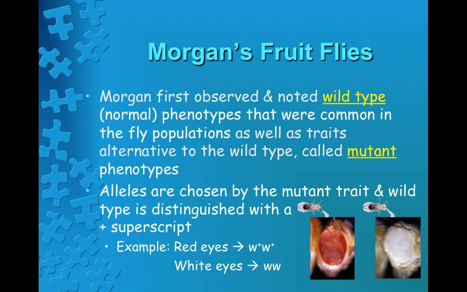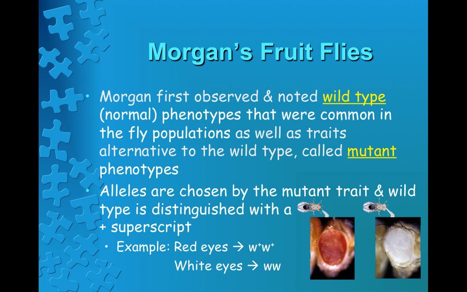The other nice thing about fruit flies is that Morgan noticed that there is very often a wild or a normal phenotype, so the physical expression of genes, that has a common alternative or a mutant phenotype as well. One of the examples is their eye color. Morgan was looking at the mutant trait versus the wild trait and distinguishing how often these differences showed up.